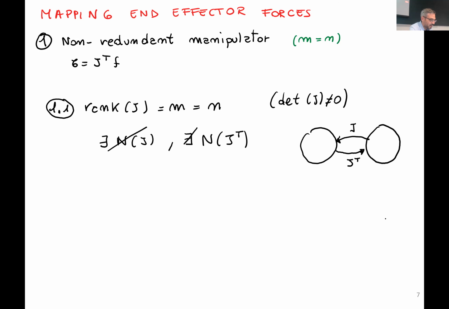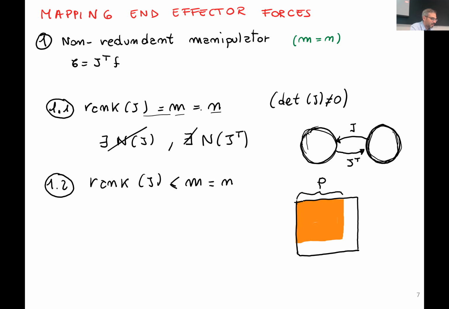So let's see at first the case of full rank. This is the case of m equal to n. So we move from sets of the same dimension for the domain and the codomain. And in these cases, there is no null space for J and no null space for J transpose, because the rank is equal to both the columns and the rows.